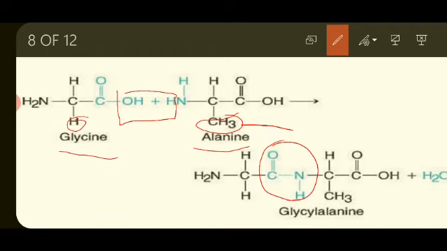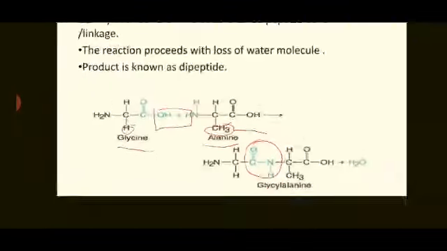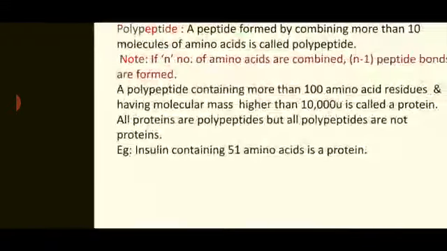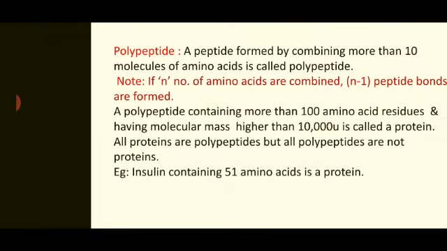The product is a dipeptide. Now this can even be written as Gly dash Ala, that is alanine, so the first 3 letters of the amino acids. A peptide formed by combining more than 10 molecules of amino acid is called a polypeptide.